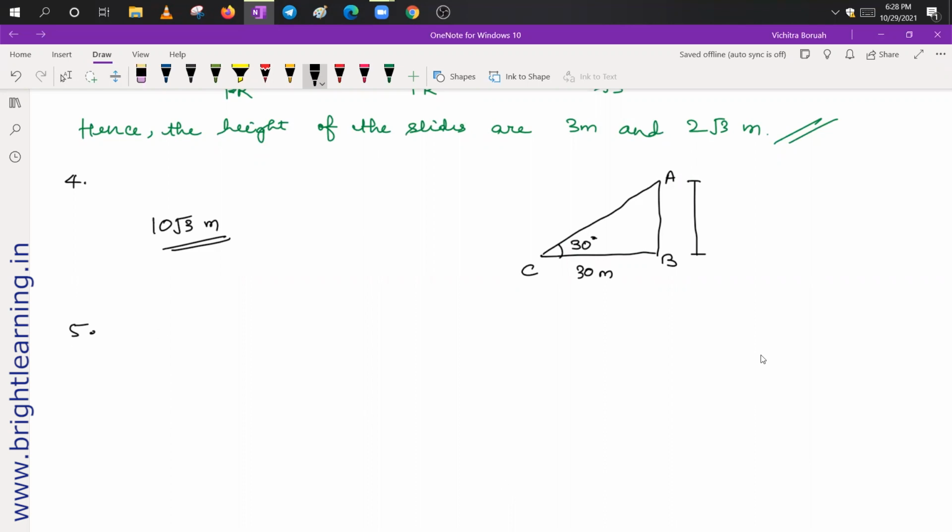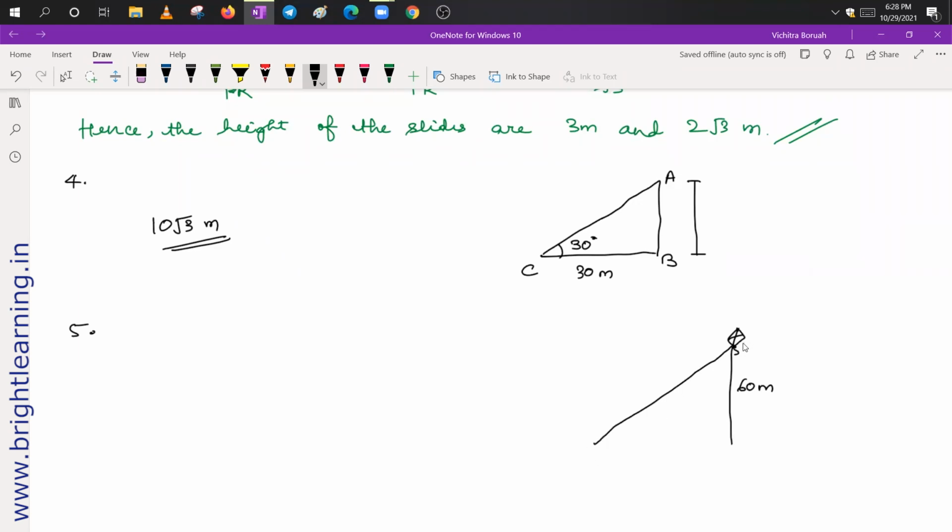So suppose there is a kite. Suppose this is a kite here, and we are given that this kite is at a height of 60 meters. Suppose this kite is attached to a string. We have to consider that there is no disturbance in this string.